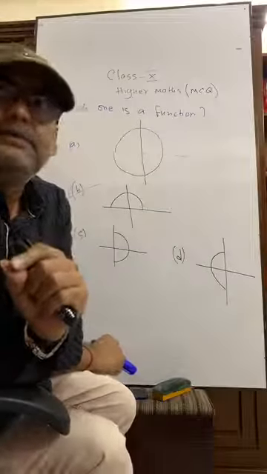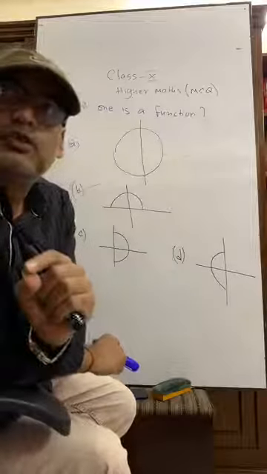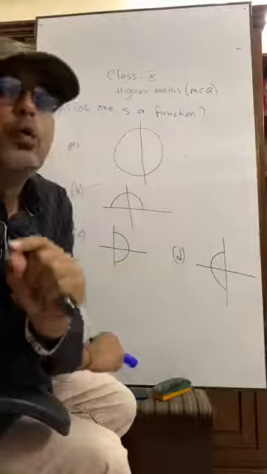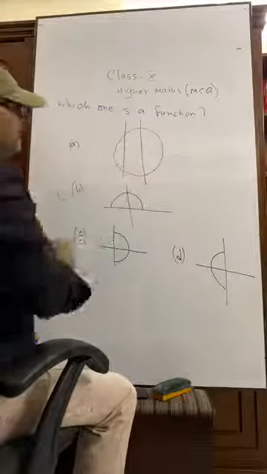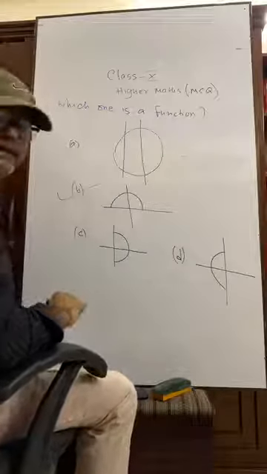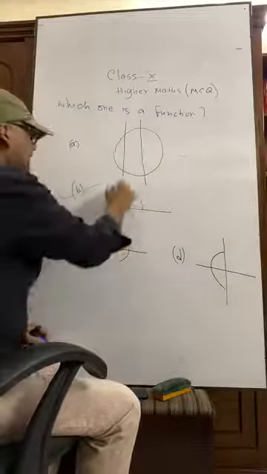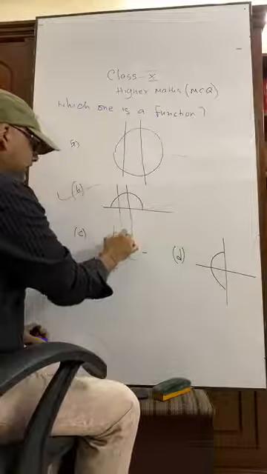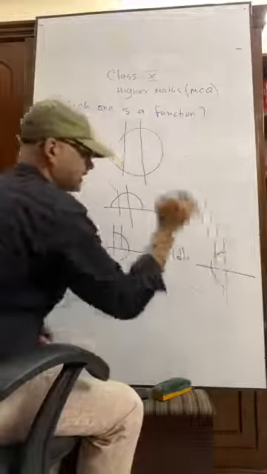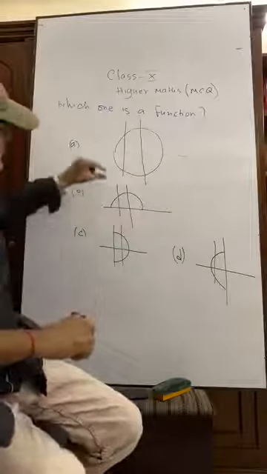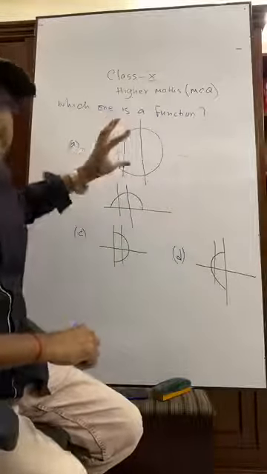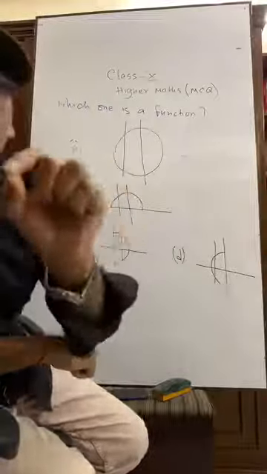I repeat, a straight line is to be taken parallel to the y-axis. We can take a straight line, another straight line, and another. Have you seen? A straight line has been drawn parallel to the y-axis.